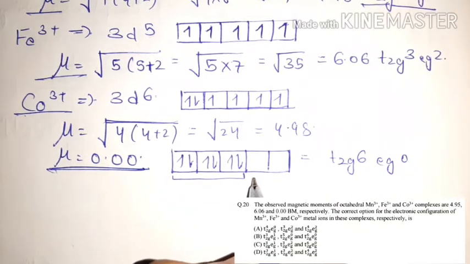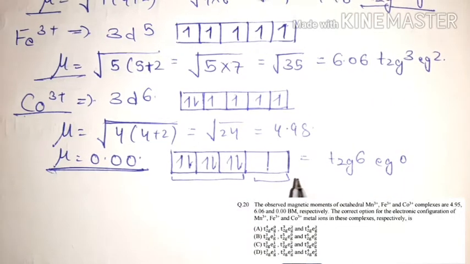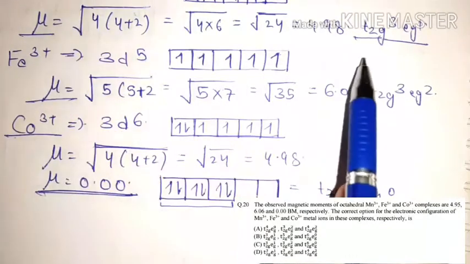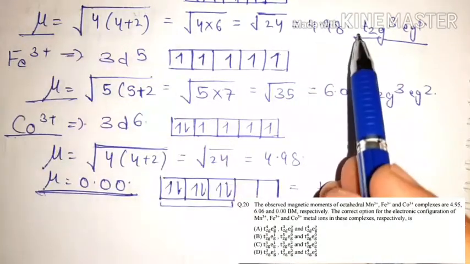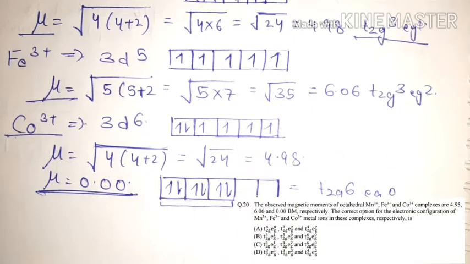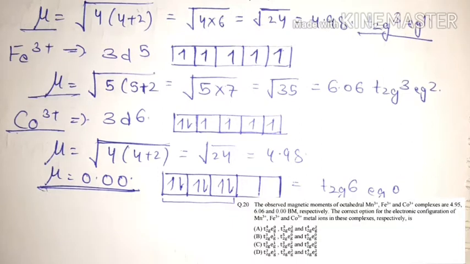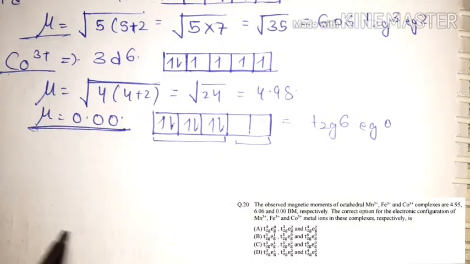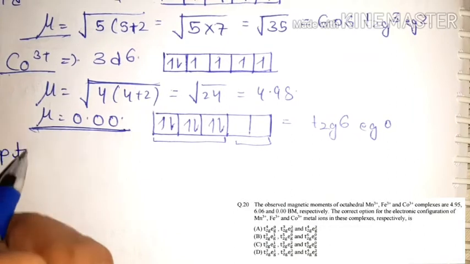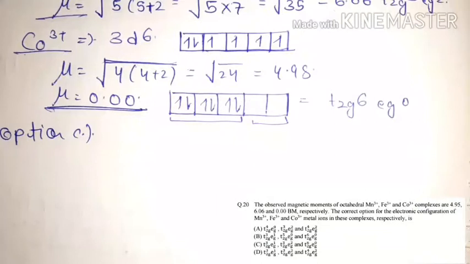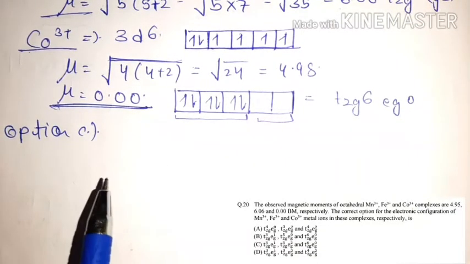These orbitals are t2g, these are eg. So in your given condition, the electronic configuration of Mn3+ is t2g3 eg1, Fe3+ is t2g3 eg2, and Co3+ is t2g6 eg0. So option C is the correct answer according to this condition. See, in your question, option C relates to these conditions.